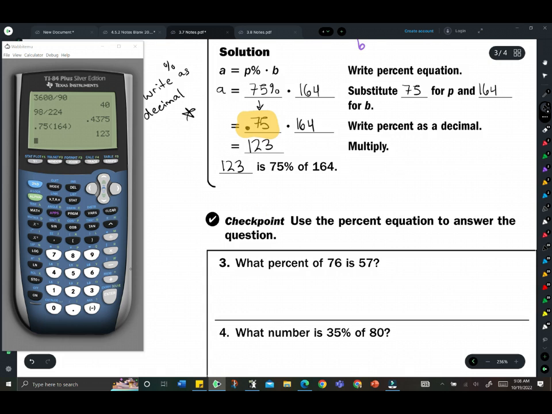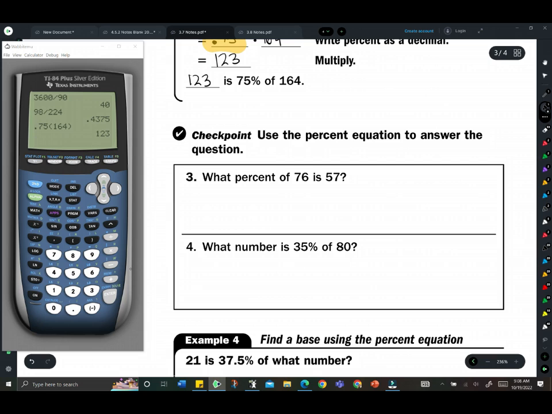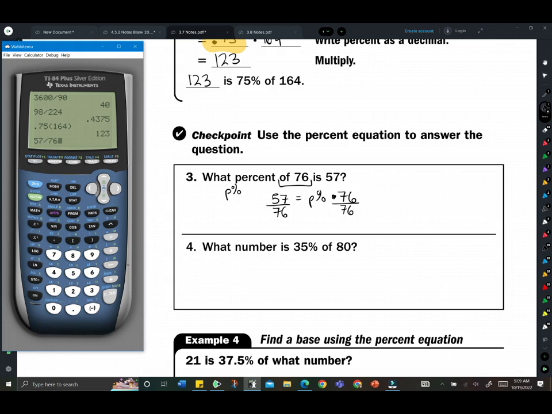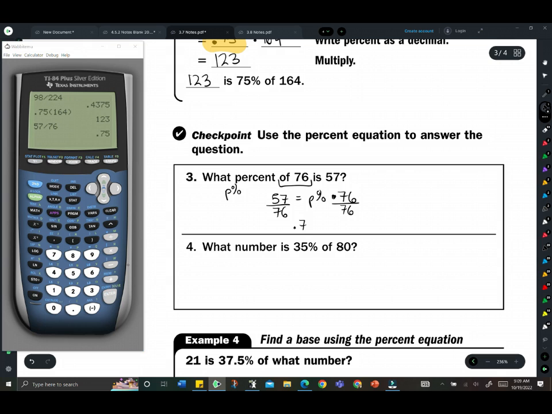Next up, use the percent equation to answer these. Just little checkpoint questions here. What percent of 76 is 57? So 57 equals P percent times 76. Solving for P percent means we divide by 76. 57 divided by 76 is equal to 0.75.